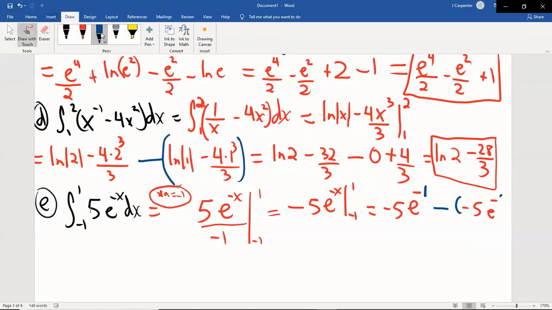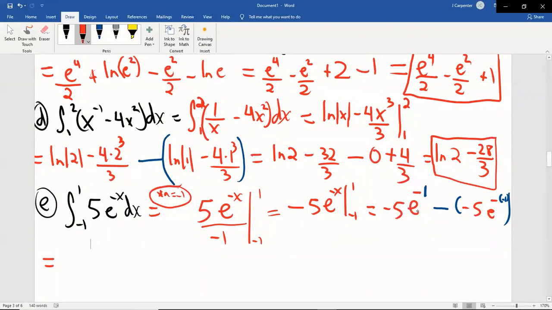But then we're plugging in a -1, which looks like that. Lots of double negatives. That's what I love about this problem. So what we get is, and let's go down here. The -5 e to the -1, we don't really want to have answers in that format. But let's leave it for now.